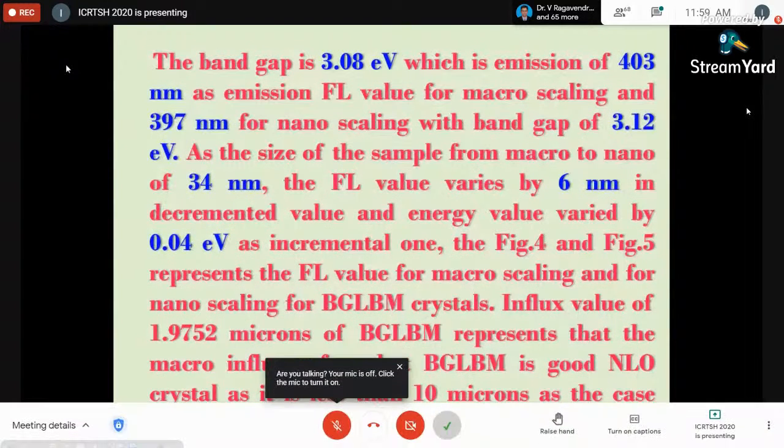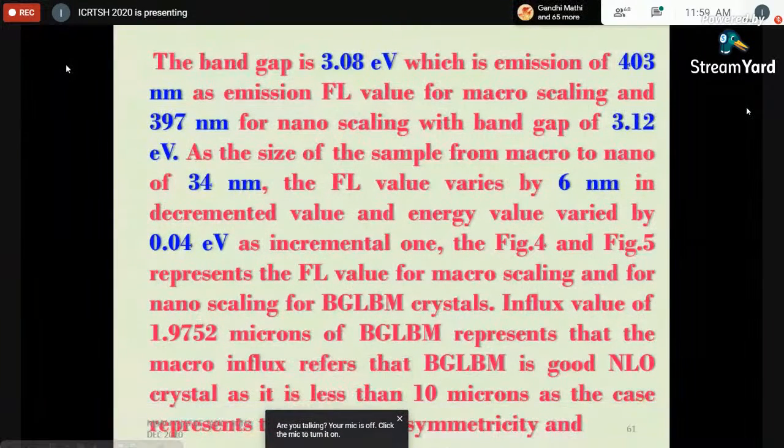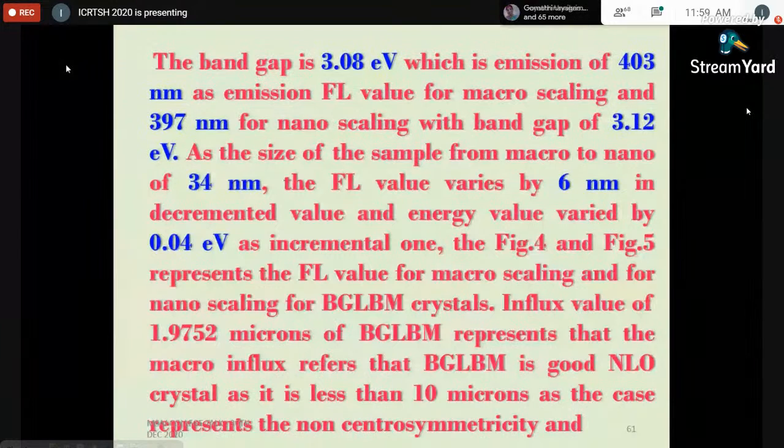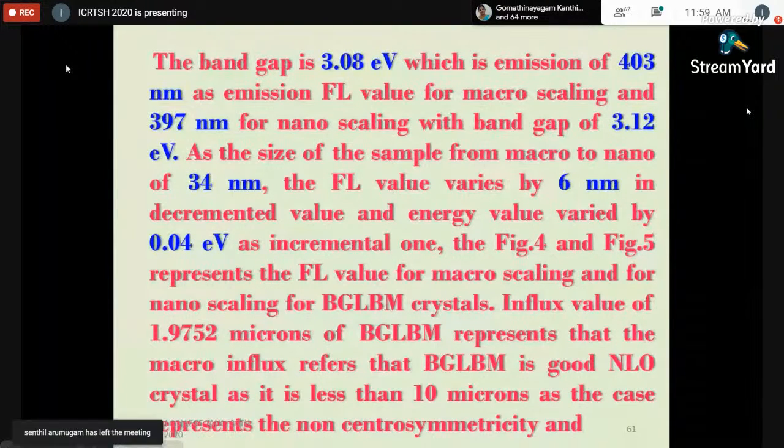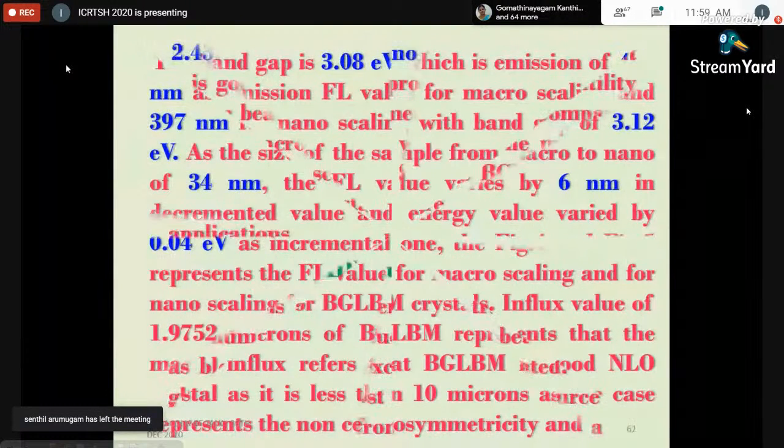Yeah, 403 and 397 nanometers are given for macro scale and nanoscale. Correspondingly, the band gap also varies in electron volts, from which we identify that the material can be used for non-centrosymmetric applications, especially optical cases. Next slide, please.